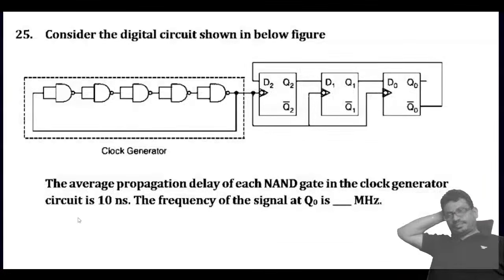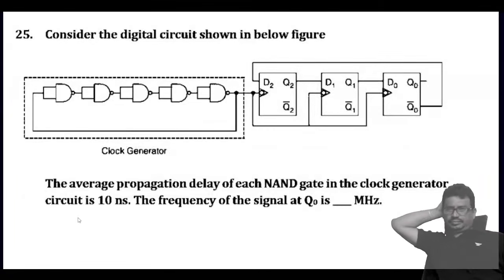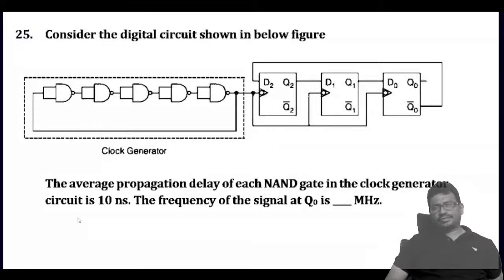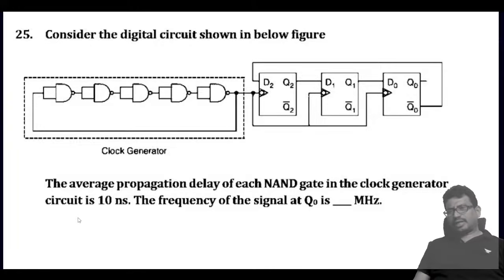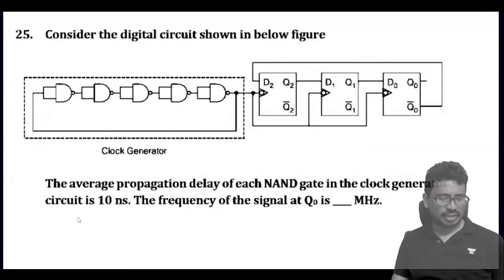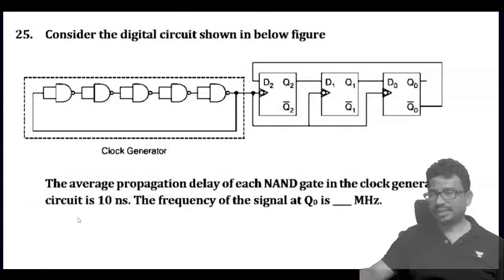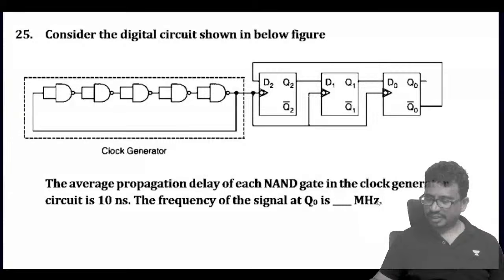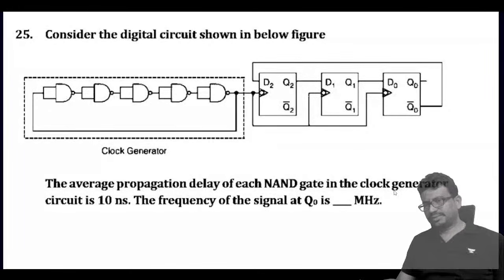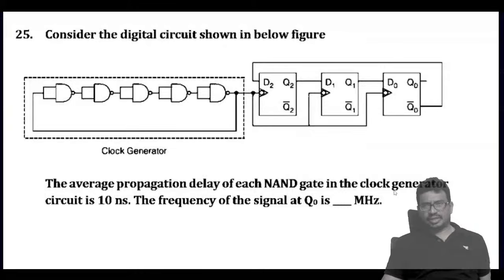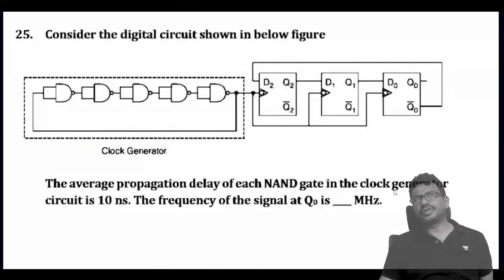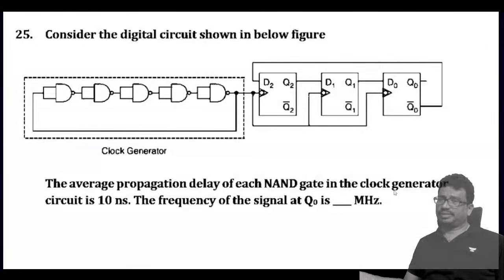Next one. The average propagation delay of each NAND gate in the clock generator circuit is 10 nanoseconds. The frequency of the signal at Q0 is, they are asking to find. First of all, you see this is nothing but a Johnson counter. Johnson counter mod number is how much? 2n.